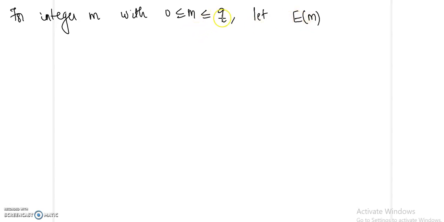So in total we have q properties and m is any number lying in the interval 0 less than or equal to m less than or equal to q. And let me define E of m to be the number of elements that has exactly m properties. So look at the elements in S. E of m is the number of elements in S that have exactly m properties.